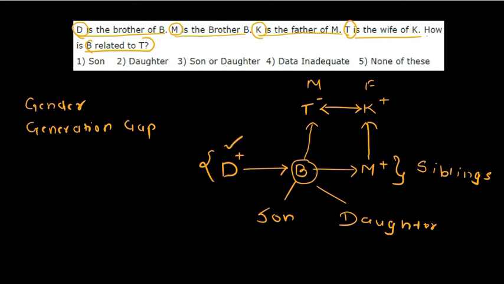For example, here it is male because gender has been given in the statement. Here also male, male and female genders are defined, but for B it is not defined. So B could be son or B could be daughter. So our option is the third one, either son or daughter.